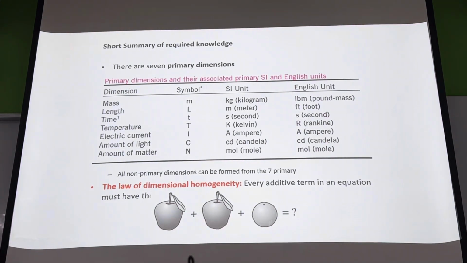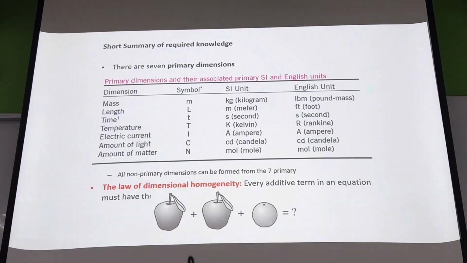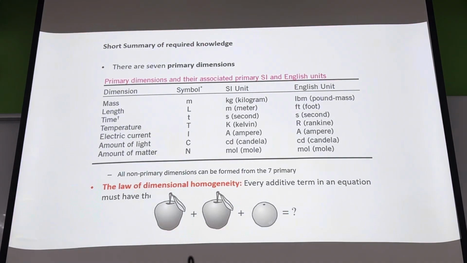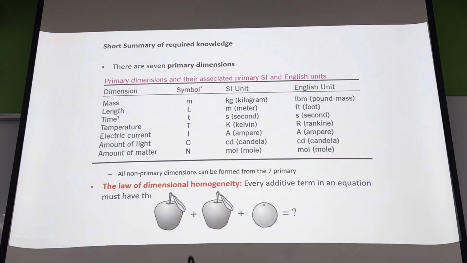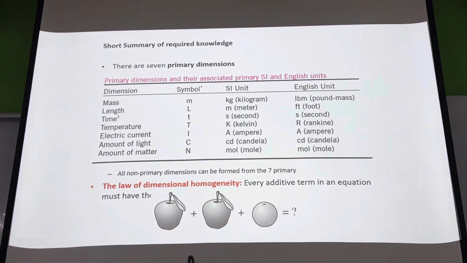Very rarely do we deal with current. Typically, as mechanical engineers, we're dealing with the top 4: mass, length, time, maybe temperature. And primarily we're dealing with the top 3 really. Most of the systems we're working with, you can do quite like that.